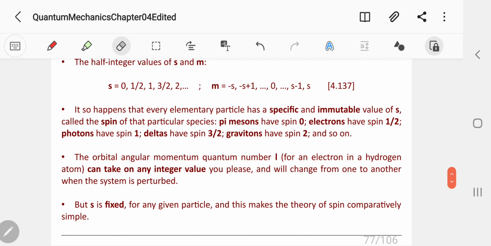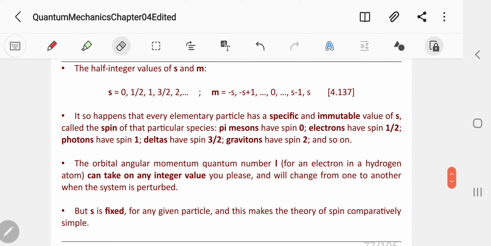So every elementary particle has a specific immutable value of S called spin. For mesons you have spin 0, for electrons spin 1/2, for protons spin 1/2, for photons spin 1, for delta particles spin 3/2, for gravitons spin 2, and so on.